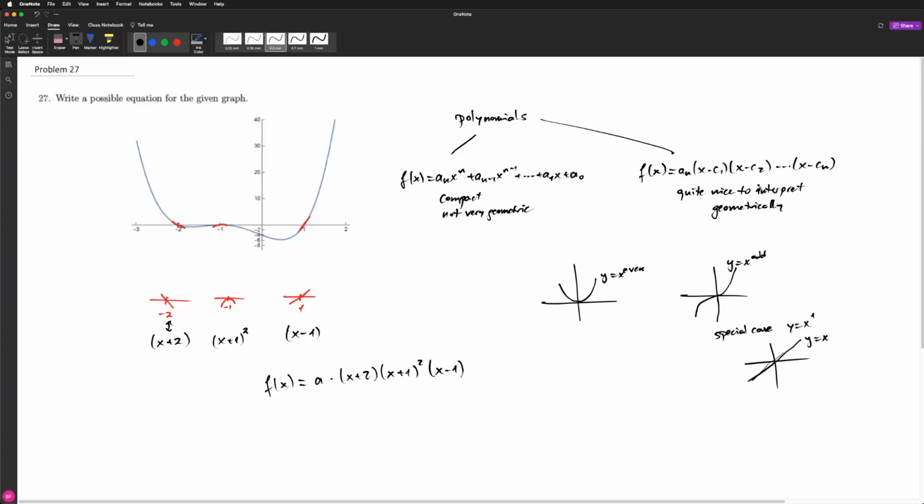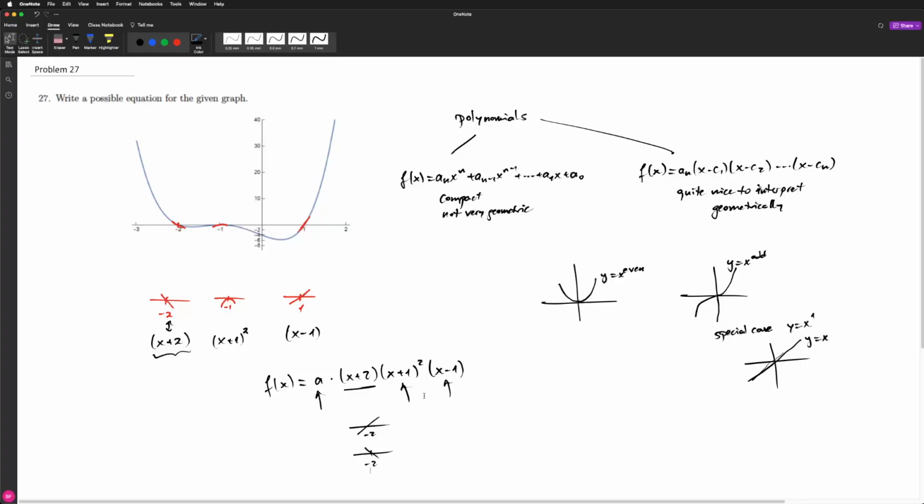Now the rest is about vertical reflection or vertical stretching. This factor doesn't know what's around it, and depending on what comes from those terms at x equals -2, the graph can look like that at -2, or it can look like that at -2, right?